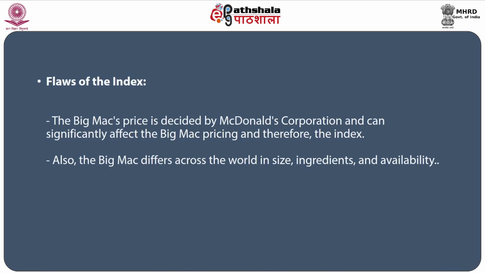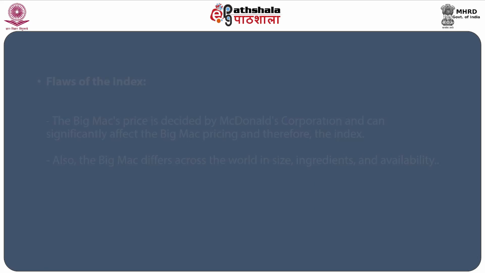First, the Big Mac's price is decided by McDonald's Corporation and can significantly affect the pricing and therefore the index. Also, the Big Mac differs across the world in size, ingredients and availability. Still, the index is meant to be an example of PPP that is used by many schools and universities to teach students about PPP.